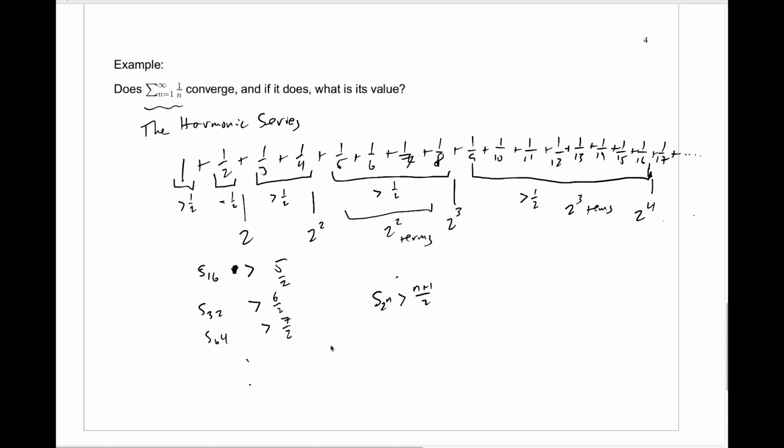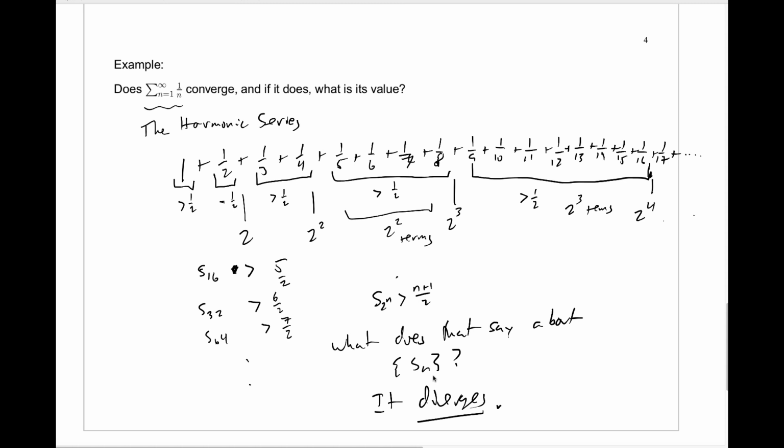And what does that tell us about this sequence, S sub n? What it tells us is that it diverges. Why? Because these partial sums, when I go far enough, they get arbitrarily large. They're not going to converge to any one number. If I go out to 2 to the millionth, which is an amazing number of terms, my partial sums are bigger than 1,000,001 over 2, so they're bigger than 500,000.